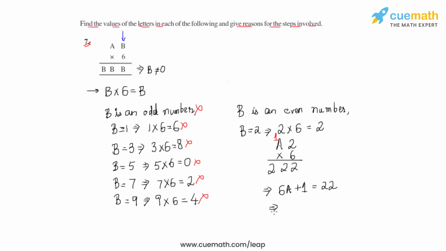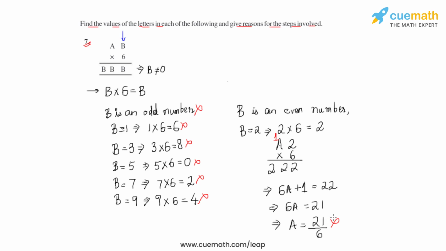If we solve this equation, we get 6A equals 21. Hence, the value of A would be 21 over 6, which is not possible for sure, because A will have to be a single digit and it represents an integer and not a fraction. So, the possibility of B being equal to 2 is also ruled out.